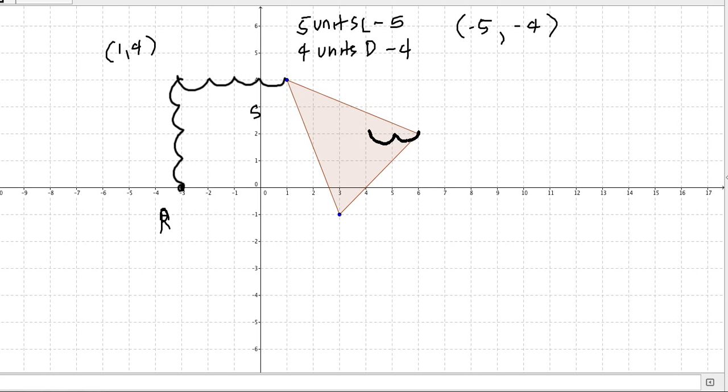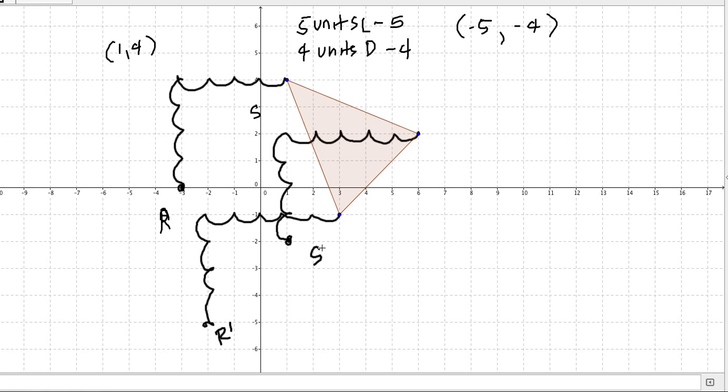This becomes our R prime, this becomes our S prime, and this becomes our T prime.